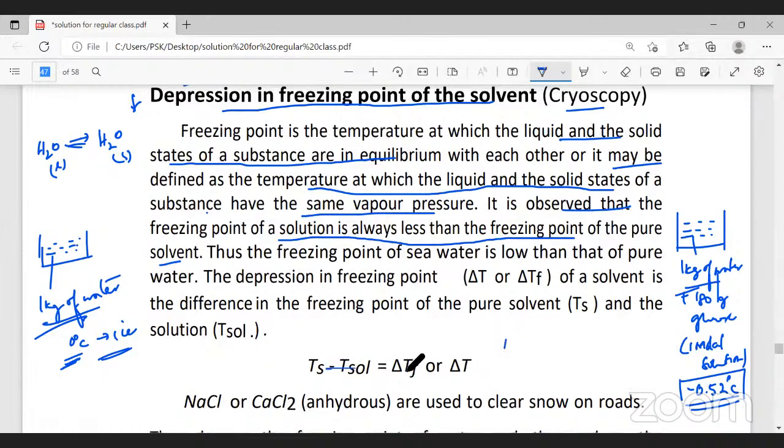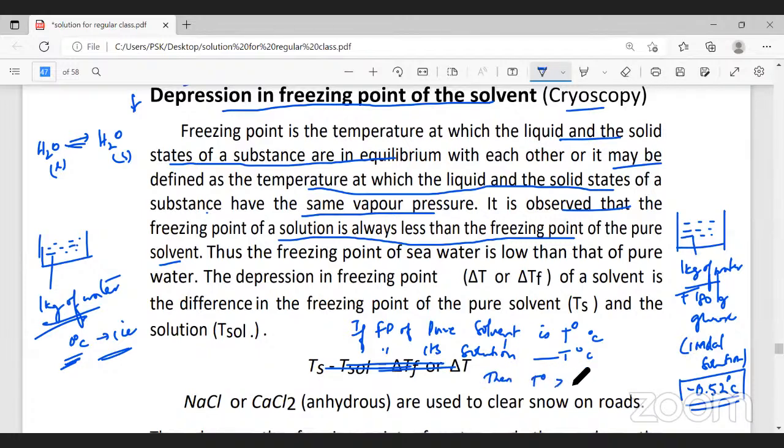If we forget about this representation, I will write: if the freezing point of the pure solvent is T0 degrees Celsius, and the freezing point of its solution is T degrees Celsius, then we know that T0 is greater than T. So this is 0 degrees Celsius, and this is minus 0.52 degrees Celsius.